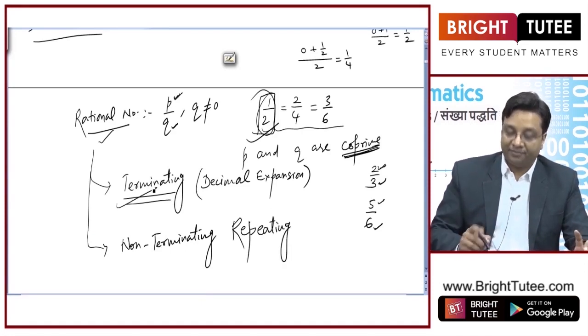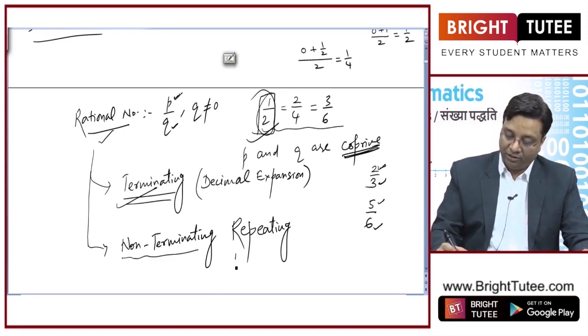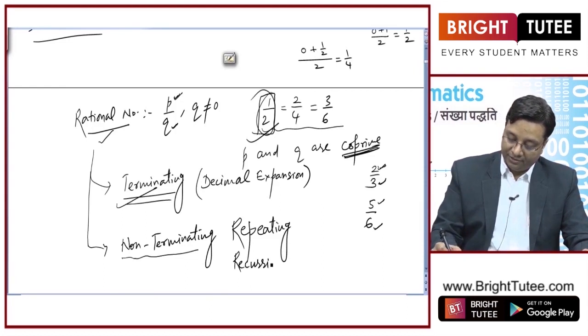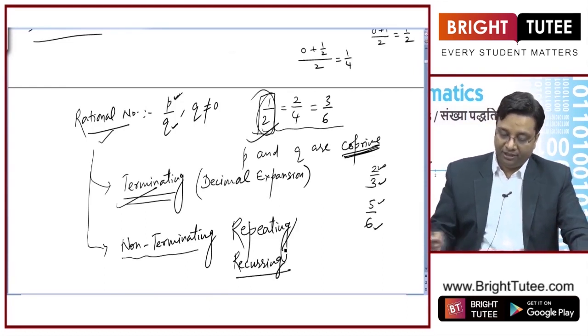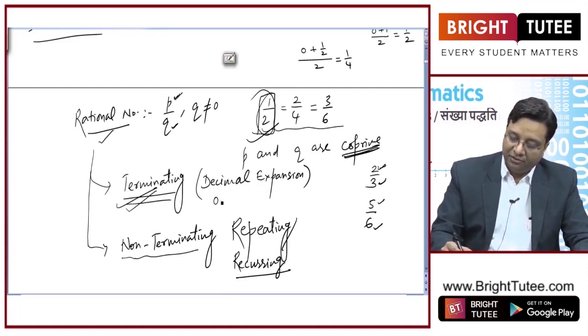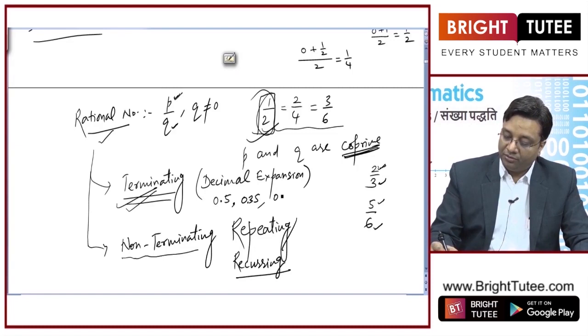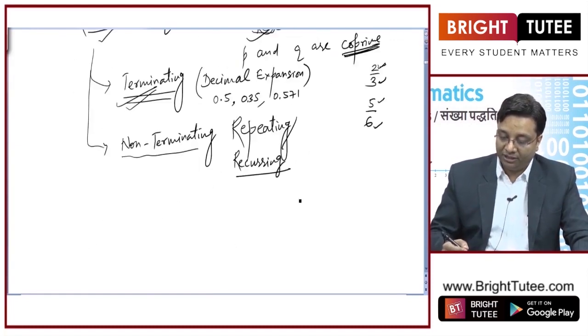Either they will terminate, or if they do not terminate, they will start repeating or recurring. These words can be used interchangeably in this chapter. What do I mean by terminating decimal expansion? For example, 0.5 or 0.35 or 0.571. These are terminating types of decimal expansion.